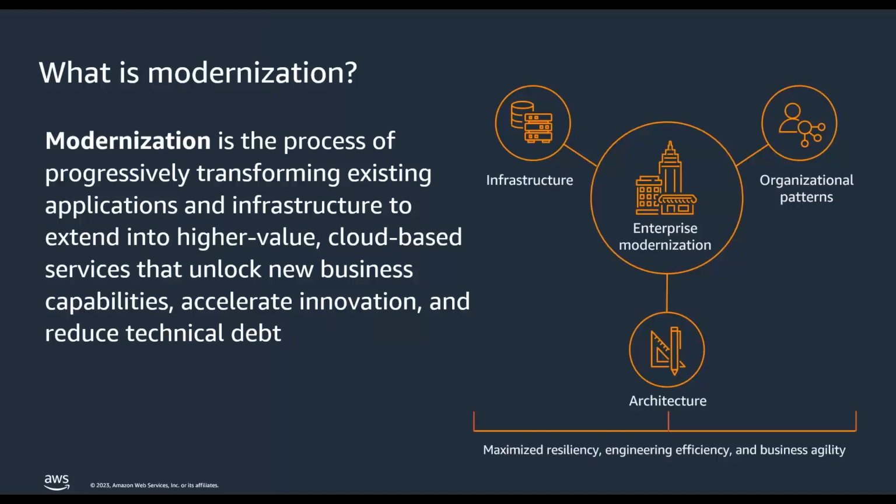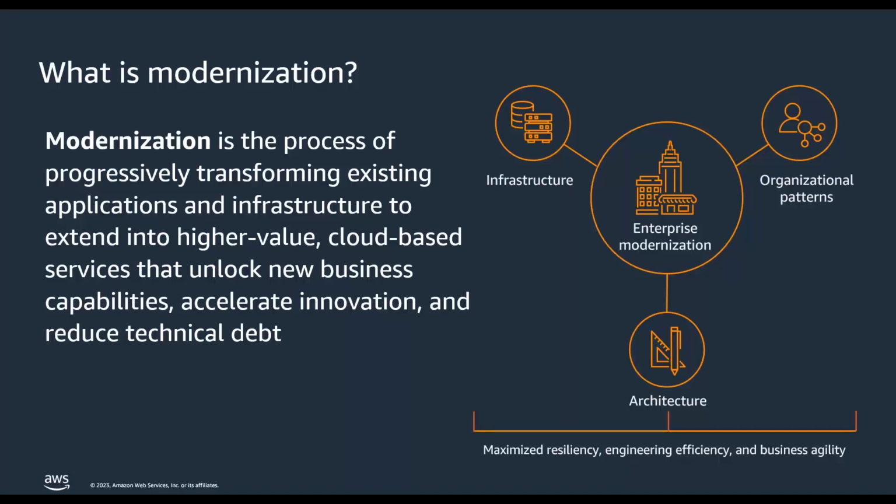So how do we define modernization? Modernization in the context of today's discussion is the process of transforming existing applications and infrastructure to high-value open source or cloud-based services. The main reason why customers need to modernize is that it unlocks new business capabilities. It accelerates your innovation cycle.